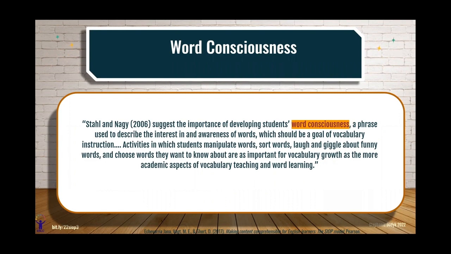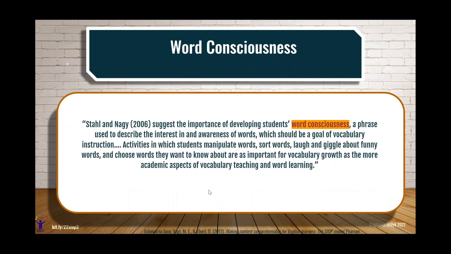So we want activities where students manipulate words, sort words, and laugh and giggle about funny words, right? And choose words they want to know more about, which are as important for vocabulary growth as the more academic aspects of vocabulary teaching and word learning.